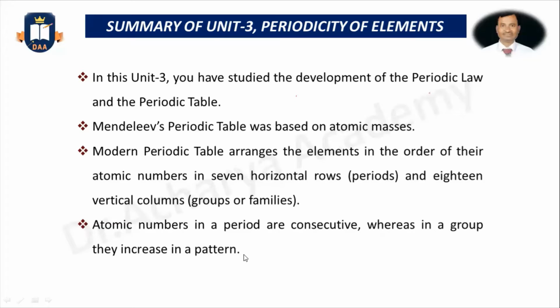That means hydrogen is 1 in group number 1. The next is lithium, whose atomic number is 3. And further down, in the same group number 1, sodium, its atomic number is 11.